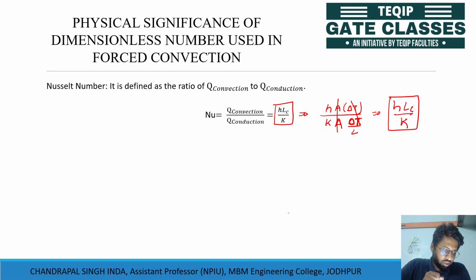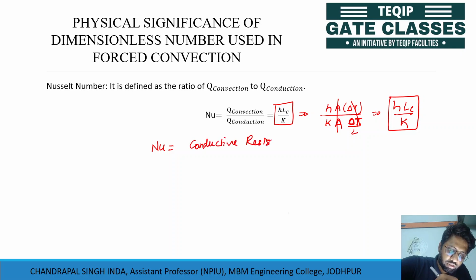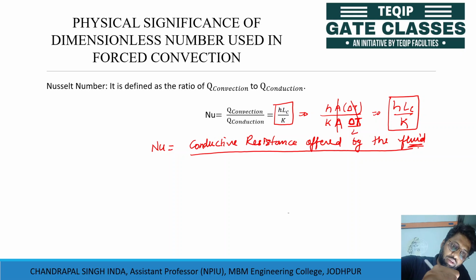One more definition of the Nusselt number is that it is the conductive resistance offered by the fluid to the surface convection resistance.